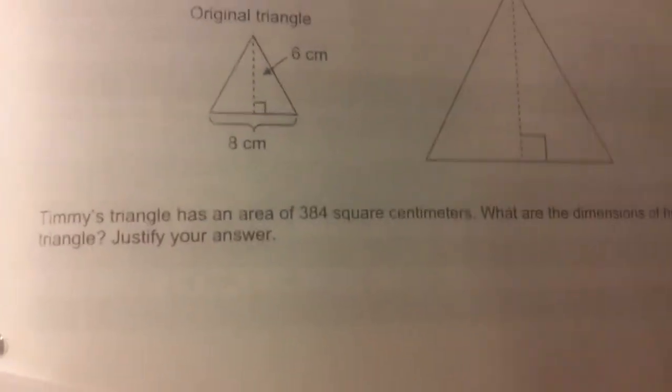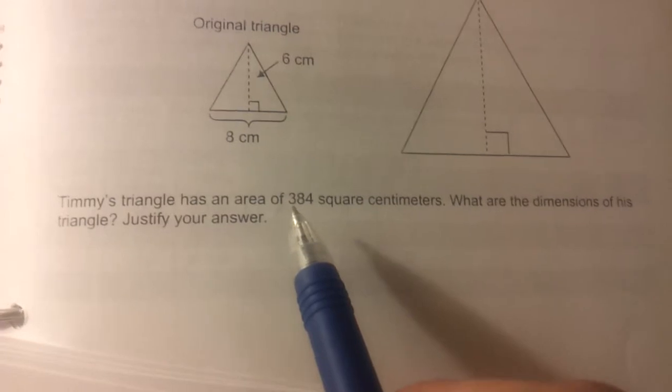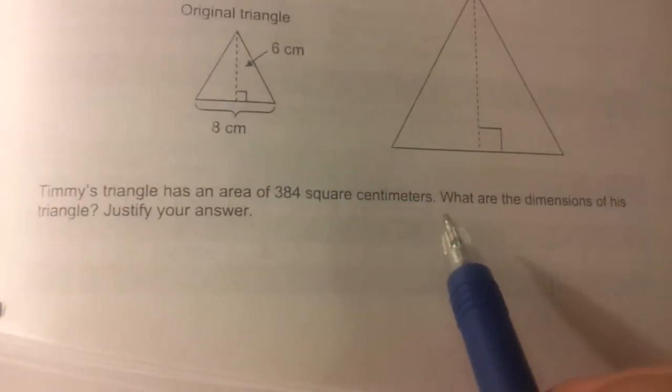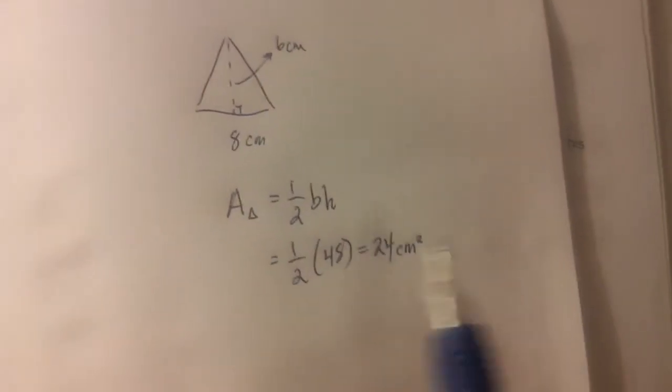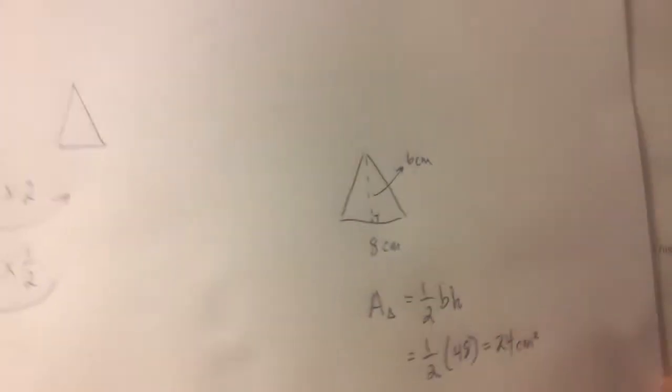Now, we know that Timmy's triangle has an area of 384 square centimeters. And we just found that the triangle he's going to make one similar to has an area of 24. So we've got two areas here.